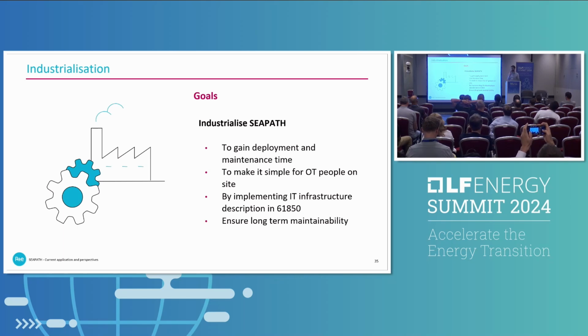So we can't do it by hand. That's why we industrialize it, to earn some time and go quicker. And one thing we want to do is to be able to configure Seapath, or part of it, based on the 61850 SCD files.